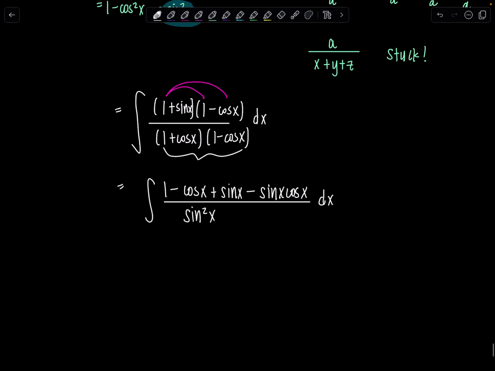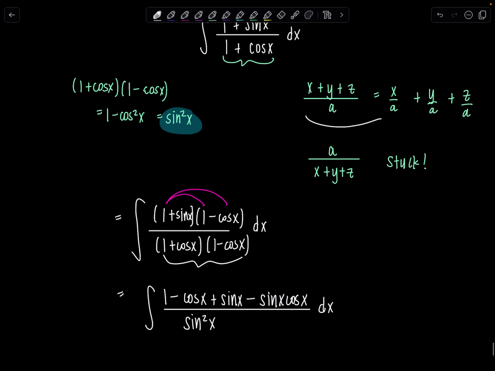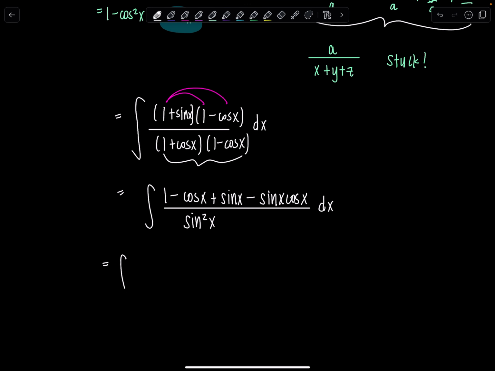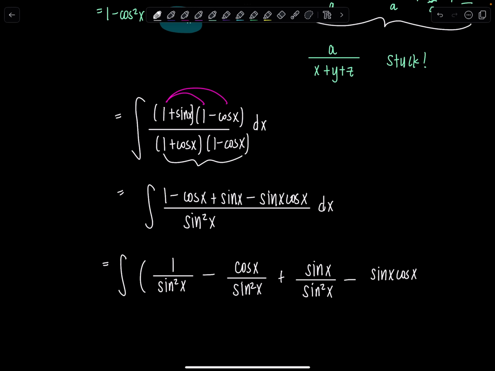Very good. Now we can do what I was saying here, right? We're going to split each of the terms in the numerator over the denominator. So this is going to be the integral of 1 over sine squared x minus cosine x over sine squared x plus sine x over sine squared x minus sine x cosine x over sine squared x dx.